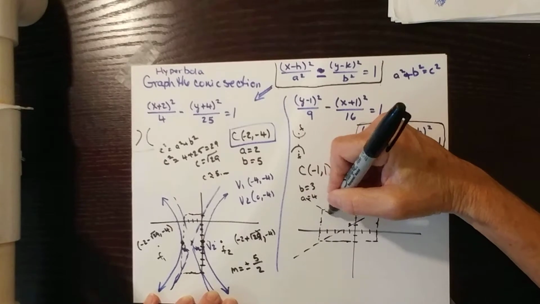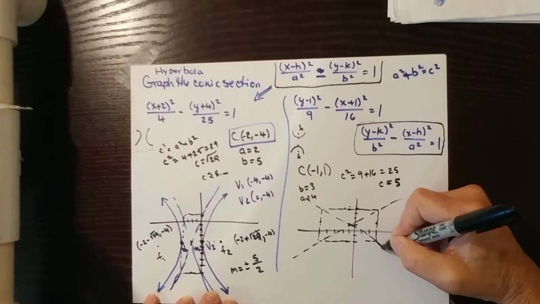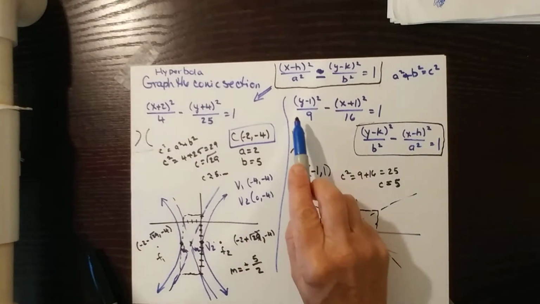So right now, we've only plotted 2 points on our actual curve, and those are the vertices. The question is, which one of these are the vertices? Well, what's going to tell you that every time for hyperbolas is who is positive.